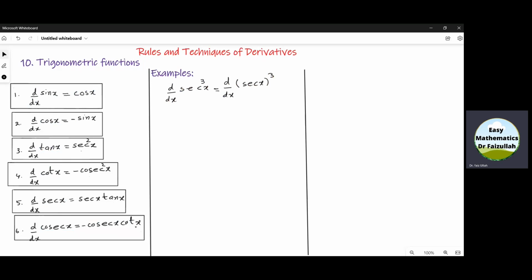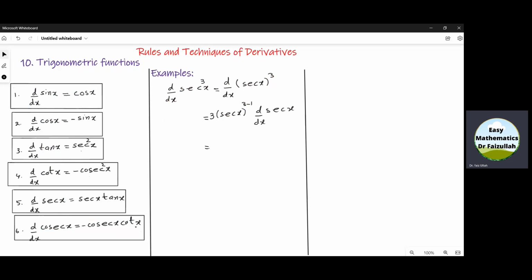So first we need to use the chain rule. According to this rule, 3 will come to the beginning, and then secant x power 3 minus 1, and then we need to do the inner differentiation of secant x.